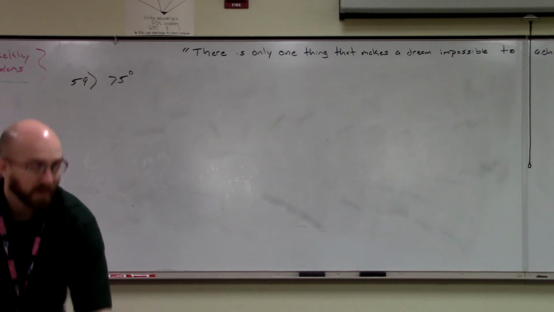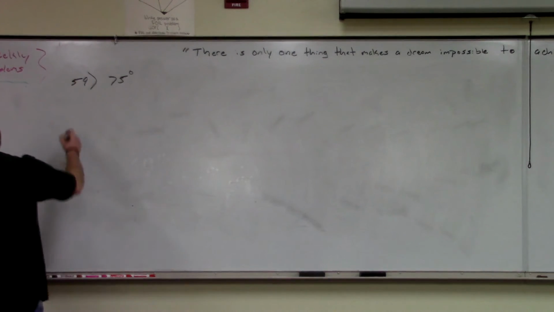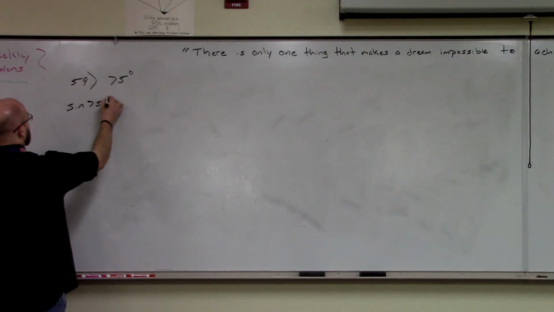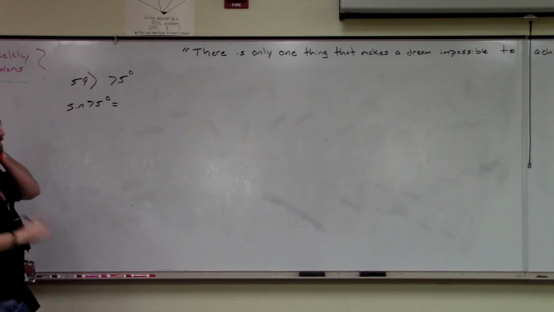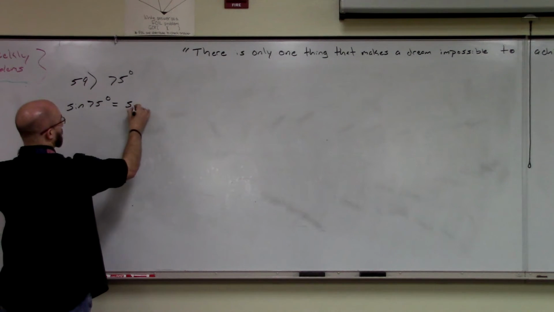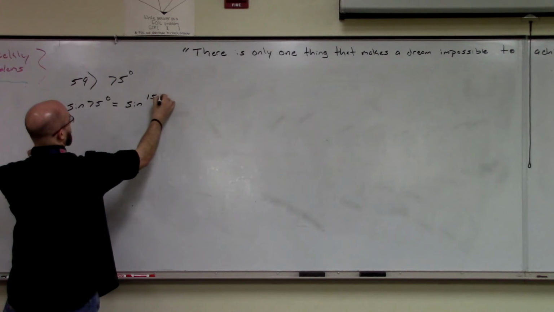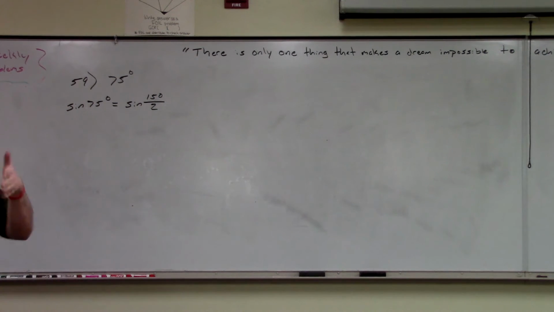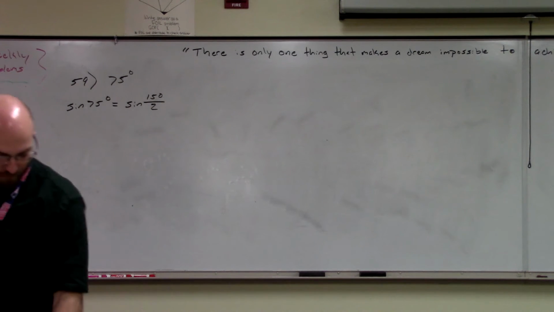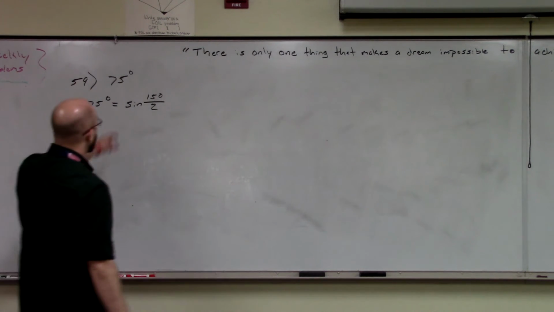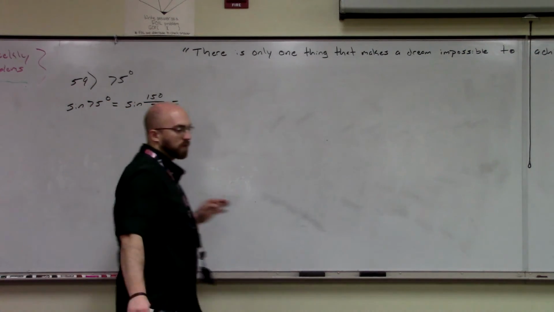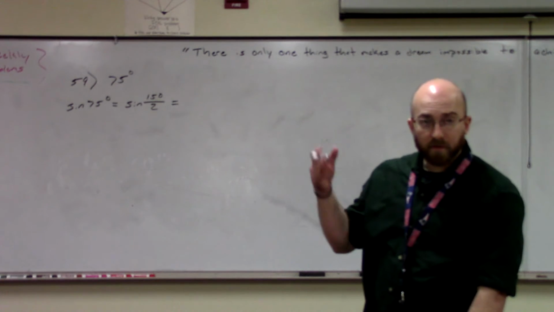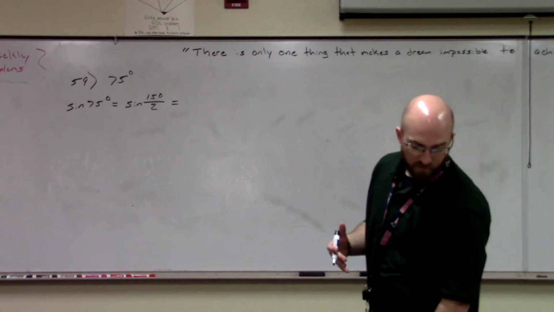So if we do that, we have sine 75. What that means is sine of 150 over 2, right? Because I already cut it in half. So double it up. So therefore we get 150 is my u, and because 75 lies in quadrant 1, we're going to get a positive answer.